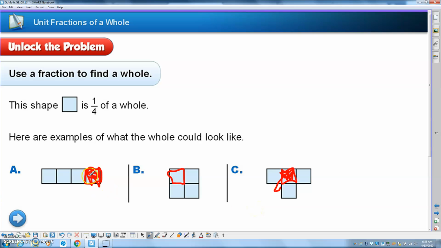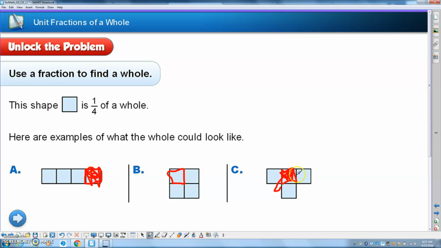So each one of these is a whole that has 4 equal parts. We can see that the whole can look different each time. But that bottom number that told us there are 4 pieces to make up our whole, each one of these shows 4 equal pieces. And that top number tells us how many we're talking about, just one.